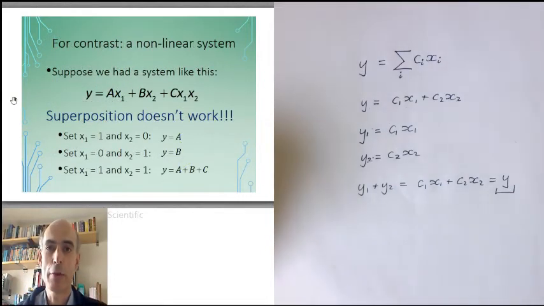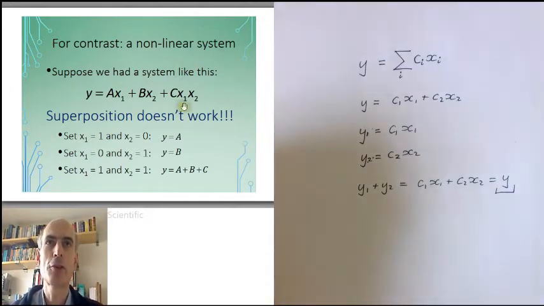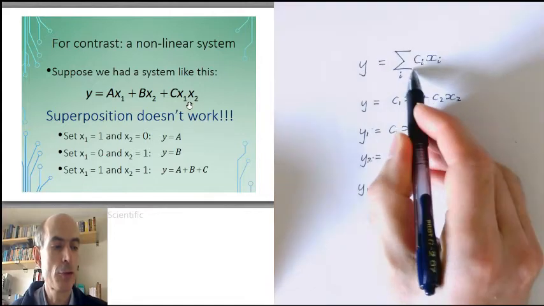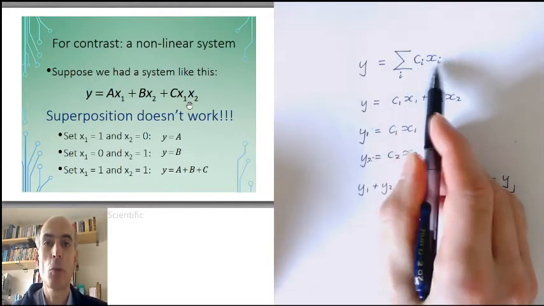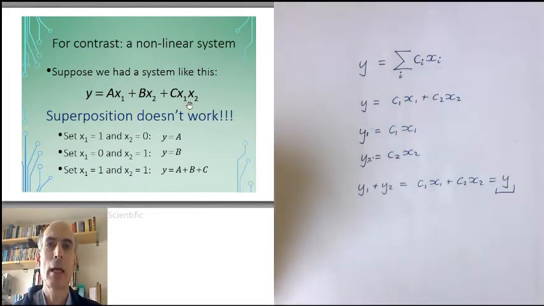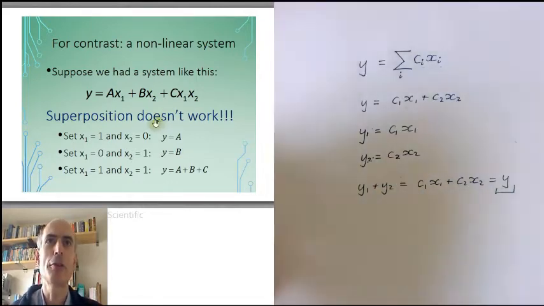In contrast, however, supposing the system was not linear. Well, this is a system which is not linear, because we have a term here, c x1 times x2, which cannot be written in this format, a constant times one of the inputs. And if we see what happens when we try to apply this method to this system, well, if we set x2 to 0, then the output y would just be equal to a times x1.